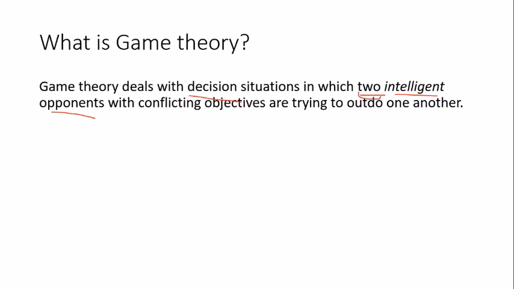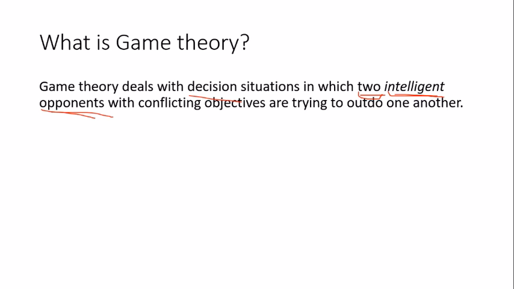So two means there will be two players involved, two opponents involved. We will not be looking at those games right now where the number of players is more than two. So that's fixed. Intelligent opponents. To understand the meaning of intelligent opponents, firstly we need to understand the meaning of opponents. It's clear that opponents are competitors, or the persons who are playing against one another.